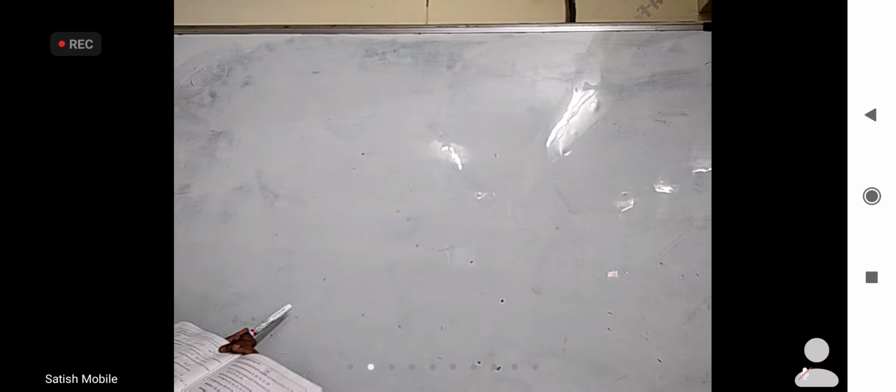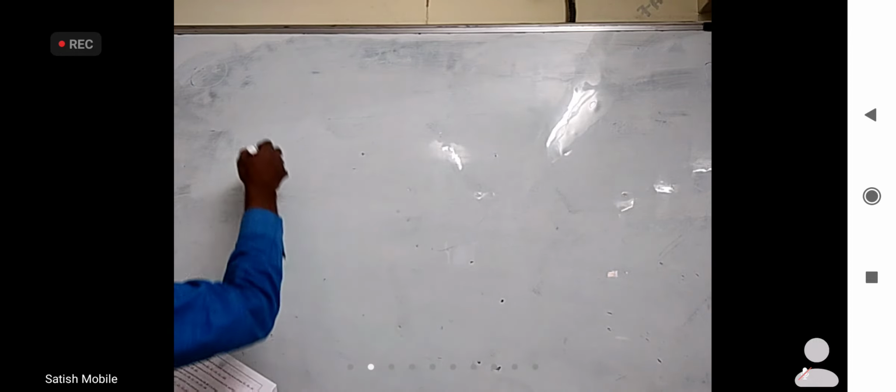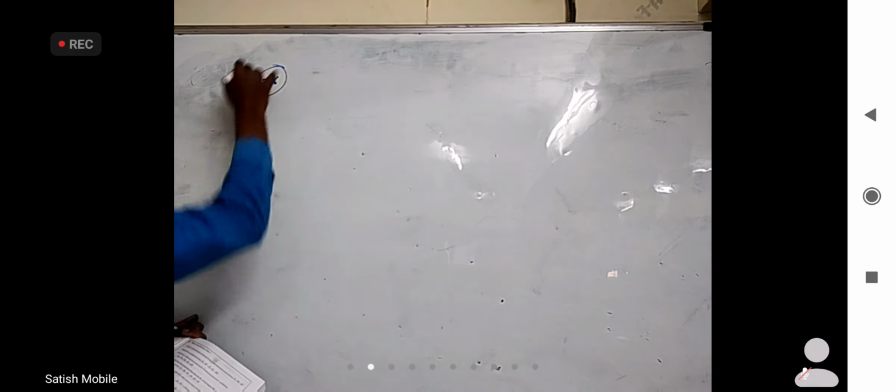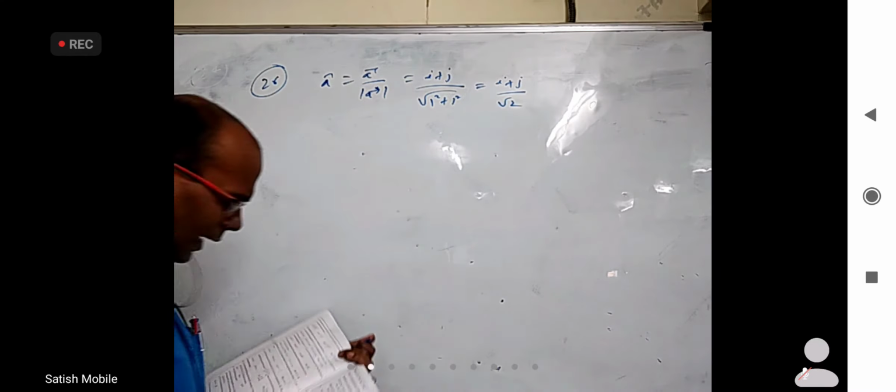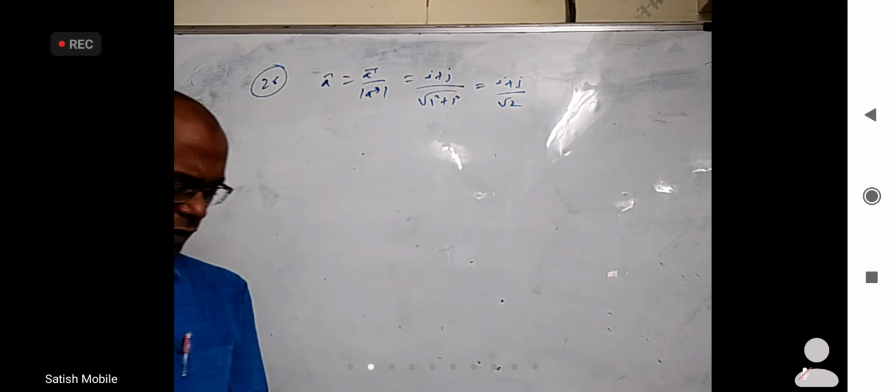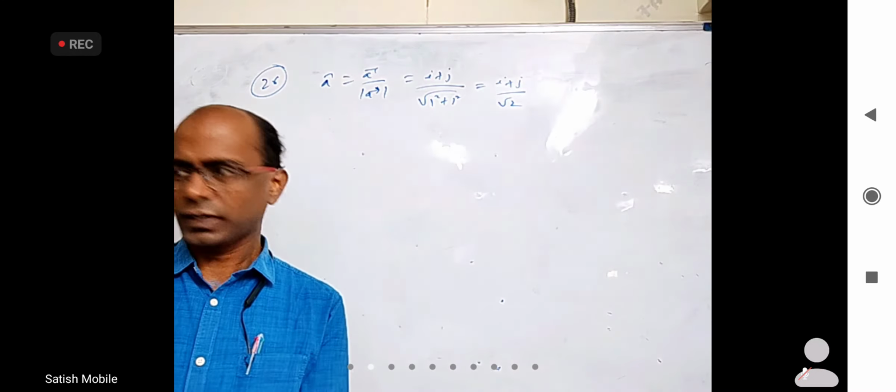Okay, 26 is quite easy. So here A cap is A bar by mod A bar, which is i plus j by root over 1 square plus 1 square, which is i plus j by root 2. Actually, I can directly add the vectors and say the answer, because if two vectors have the same magnitude, they need not be unit vectors, by adding them I will get the angular bisector.